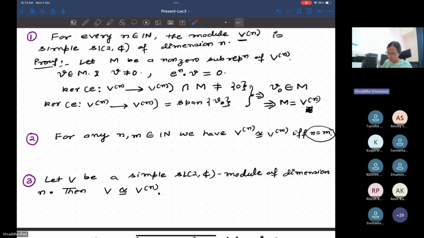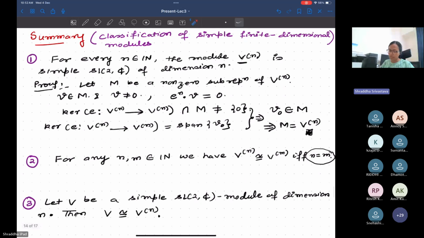You can see that there will be an n, and that n is precisely the dimension of V minus 1, so that V is isomorphic to the formally defined representation. So this gives a complete classification for simple modules, or irreducible modules, finite dimensional, for SL2C.